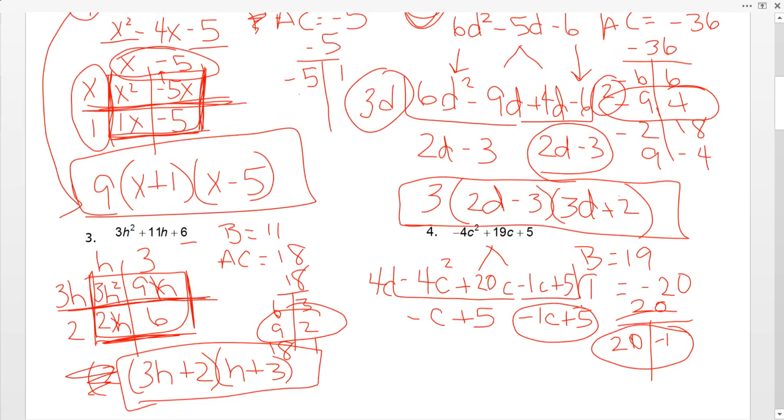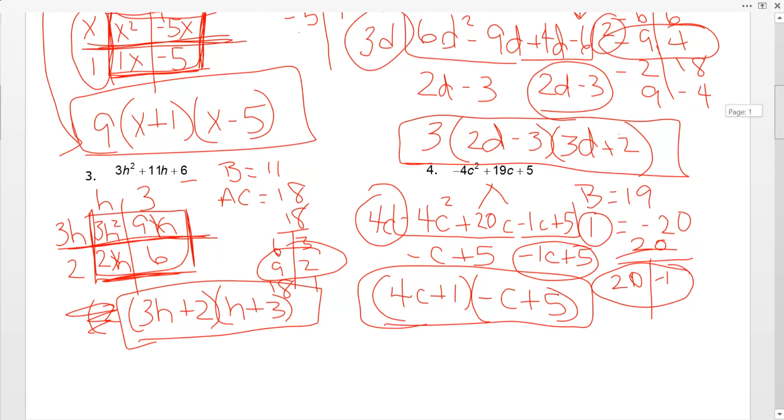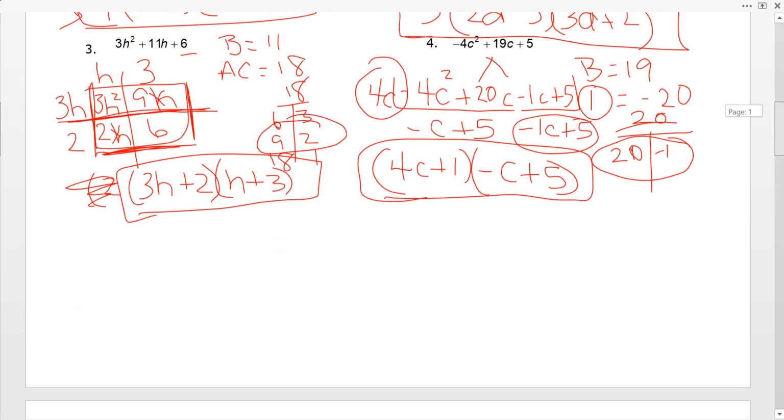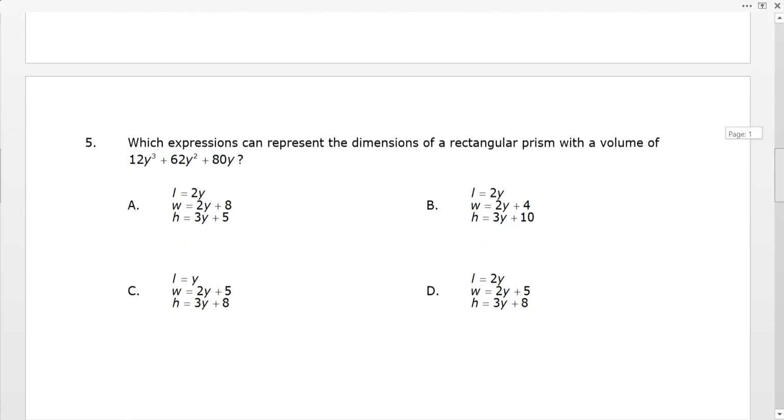These are the same. So I end up with 4c plus 1 and negative c plus 5. So I don't know that either way is shorter or faster, so it's really just dependent on which way makes more sense to you.